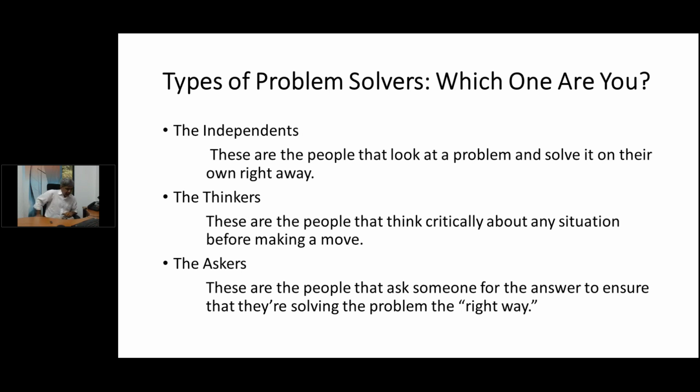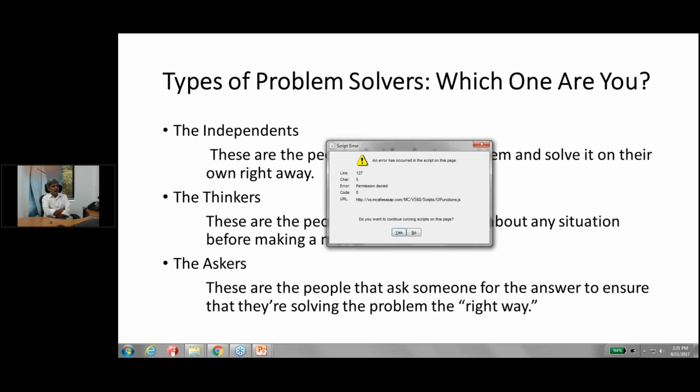There is another interesting aspect that we need to look at. That is the personality that we have. We need to look into how we can solve our problems, how we actually approach our problems.